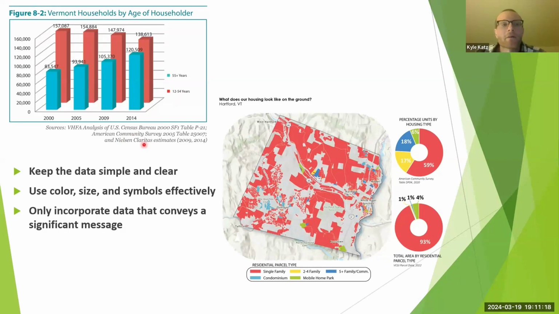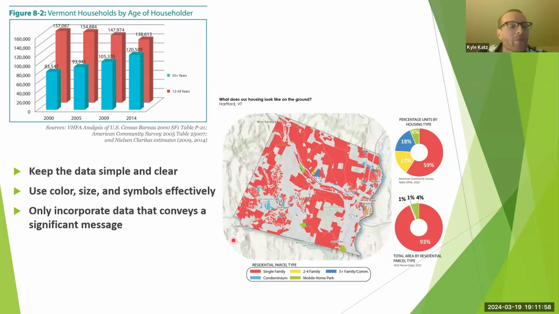What kind of housing are we looking for? It's showing essentially that the households that are 55 and older are going up, while all the other households are slowly dropping. And so again, it can feed into the narrative, in looking at what the future needs are for the population, in this case in Vermont.